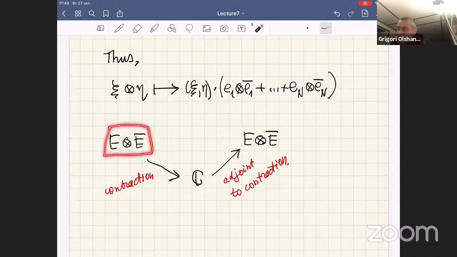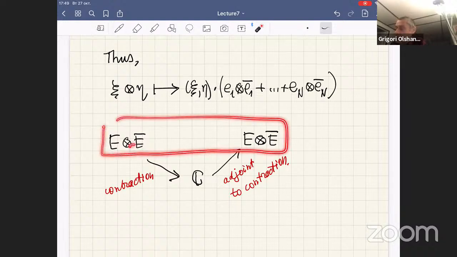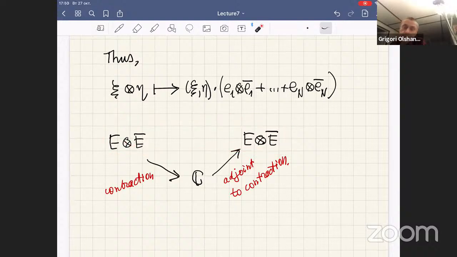Okay. It maps this space to a one-dimensional space, and the adjoint operator maps it back. And there is some multiplication by n, which is hidden here. So finally, we get some operator inside this space.